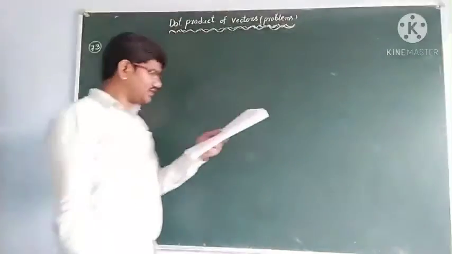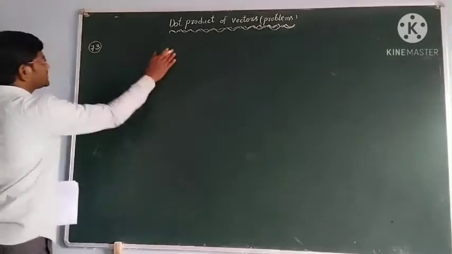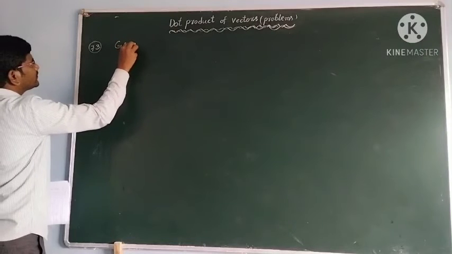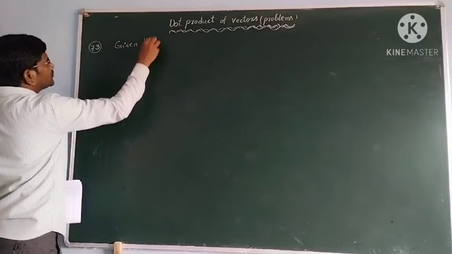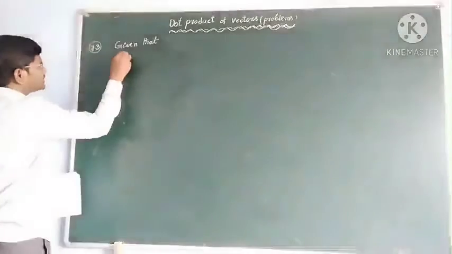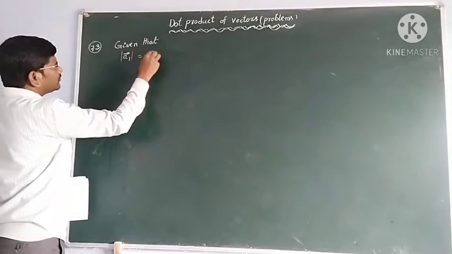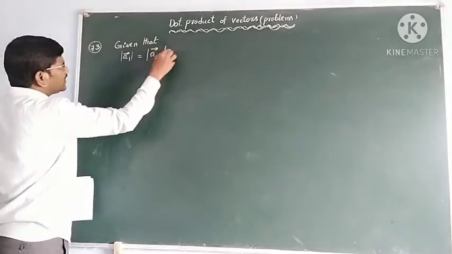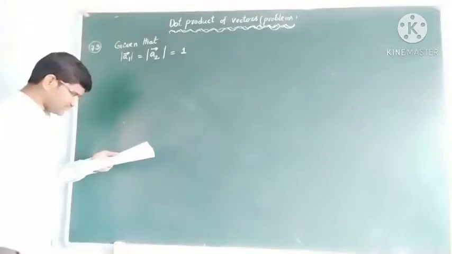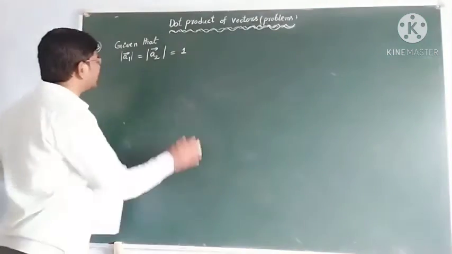Okay, students. Problem number 73. A1, A2 are two non-collinear unit vectors. Given that modulus of A1 bar is equal to modulus of A2 bar, that is equal to 1 unit. So their magnitudes are 1.